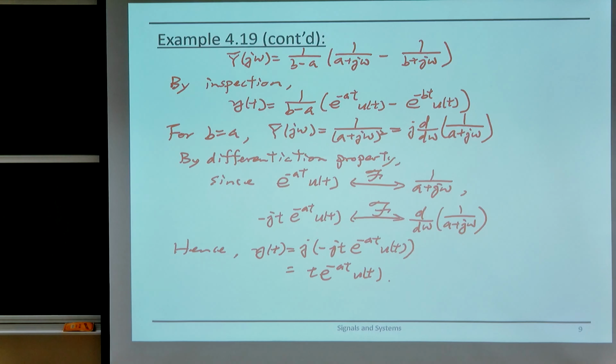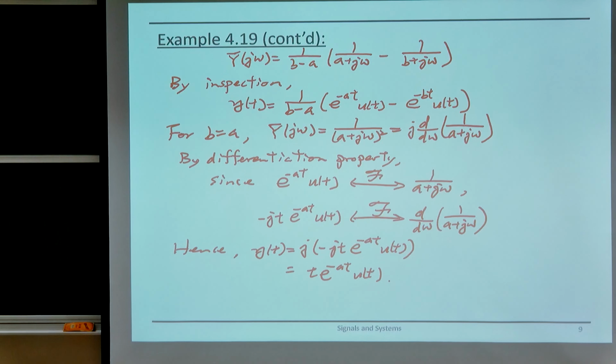Any other questions? Okay. So this example is really just to show you that there's an alternative way for finding the output other than directly computing the convolution, because computing the convolution often can be quite tedious.